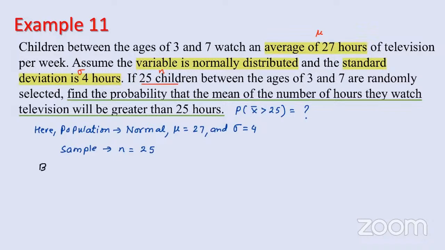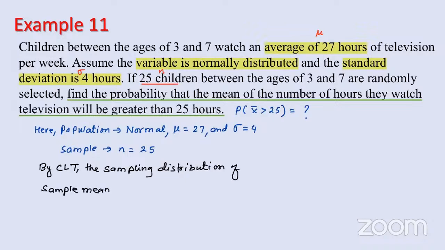By the central limit theorem, the sampling distribution of sample means is normal. That is what we know from the central limit theorem. The distribution of sample means will be normal. And for this normal distribution, we know the mean and the standard deviation, right?